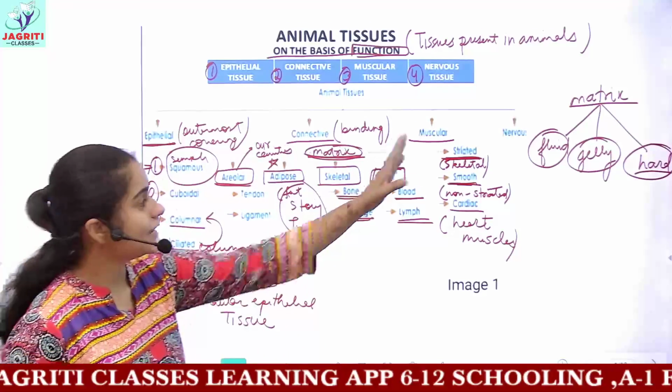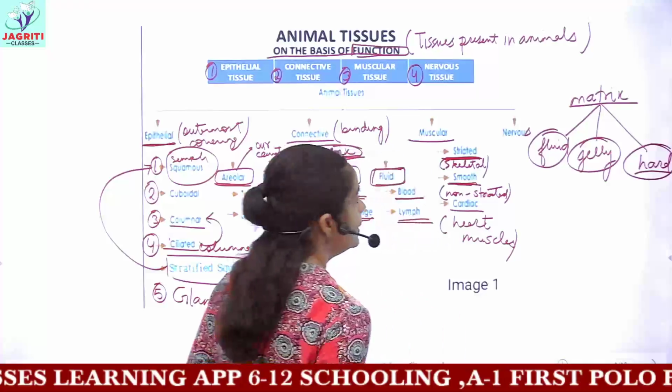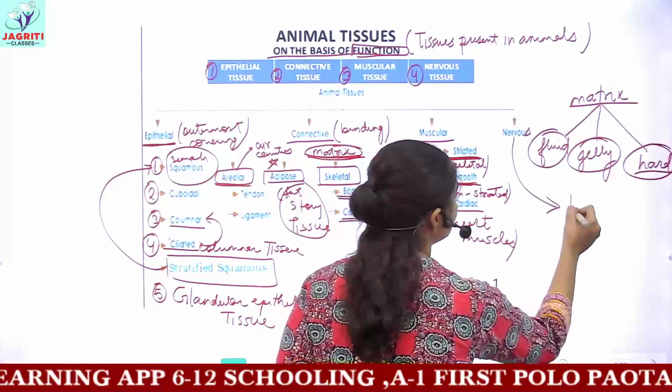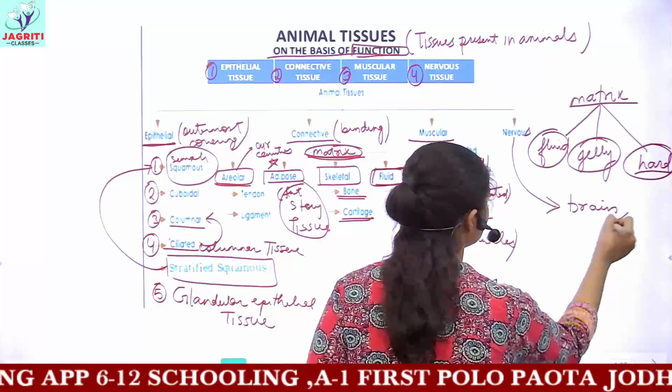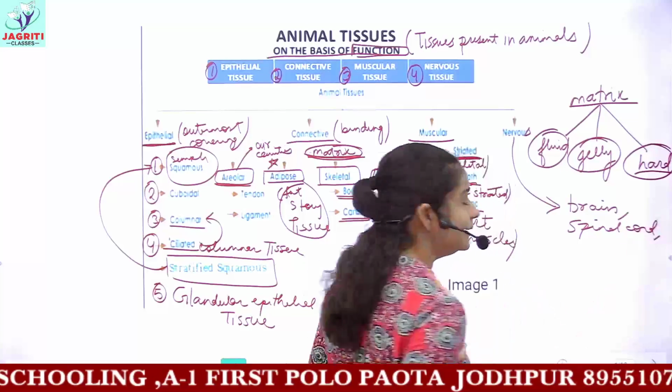Then you have the last category of tissues, which is nervous tissue. This nervous tissue is present in your brain, in the spinal cord, and then in different nerves.